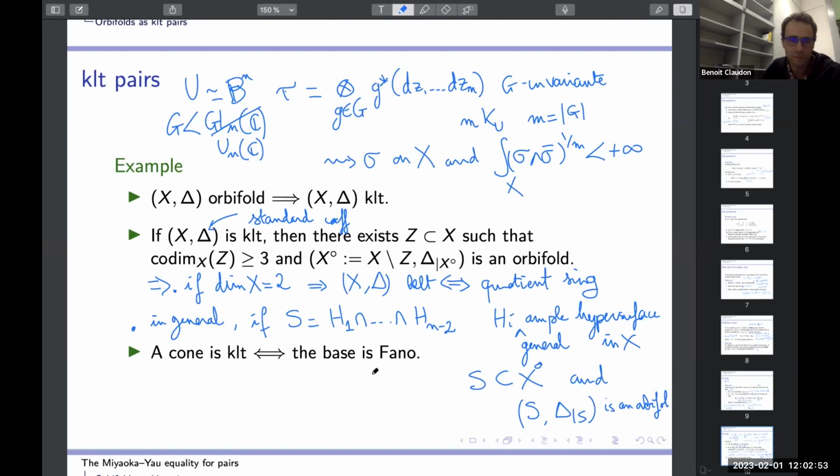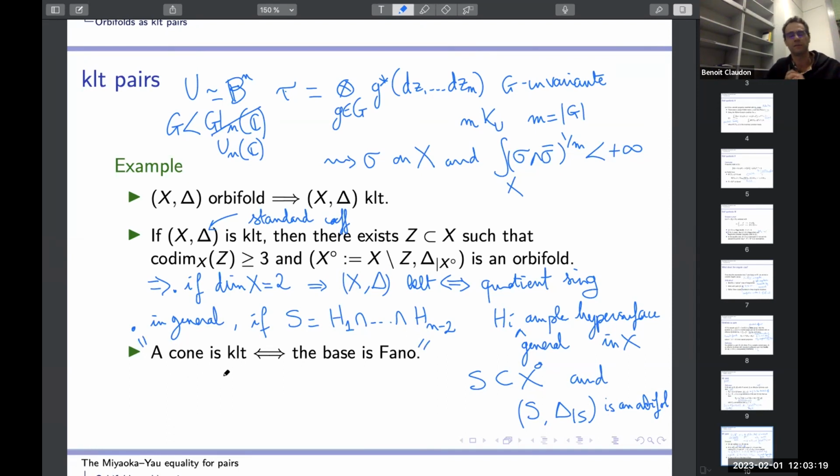Okay, so you see that KLT, in some sense, are not so far from being quotients, and this not so far is what we want to quantify in the rest of the talk. So I just add this other example. It's a kind of slogan.